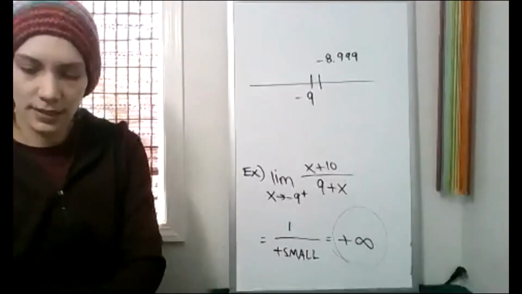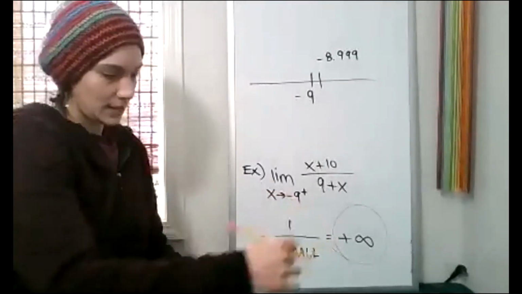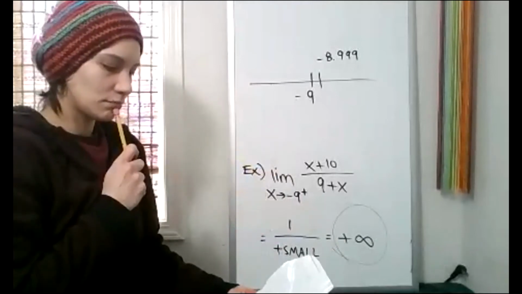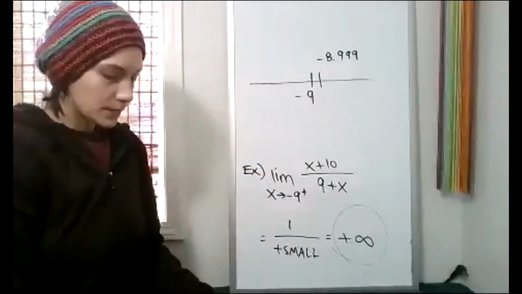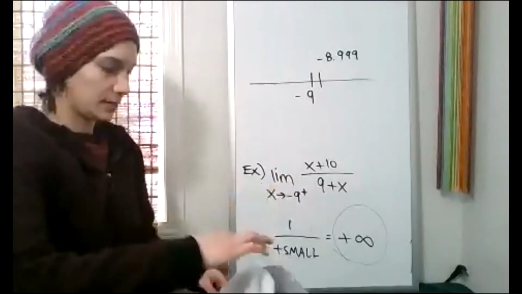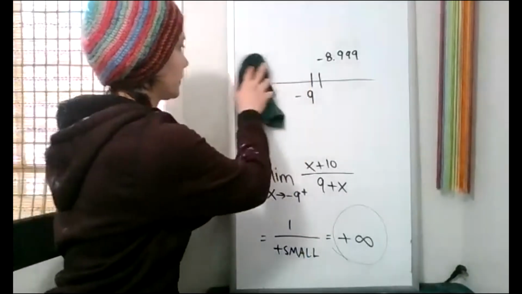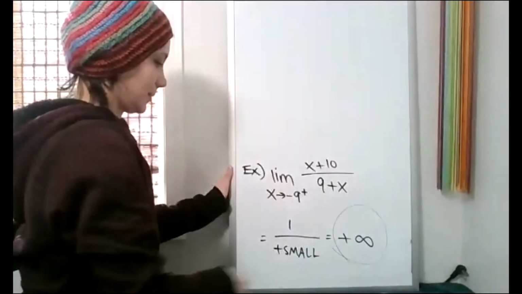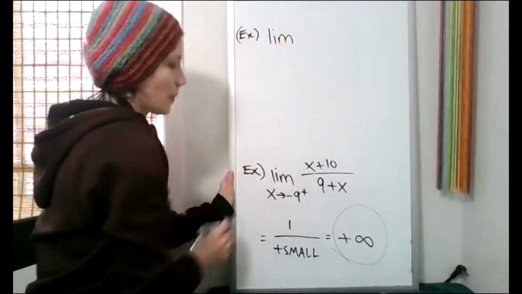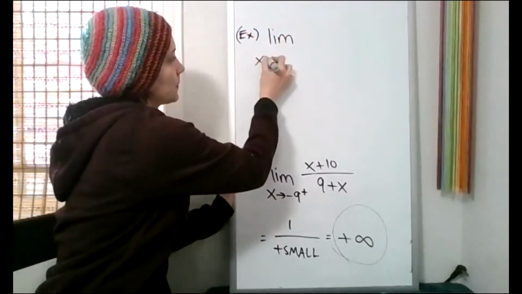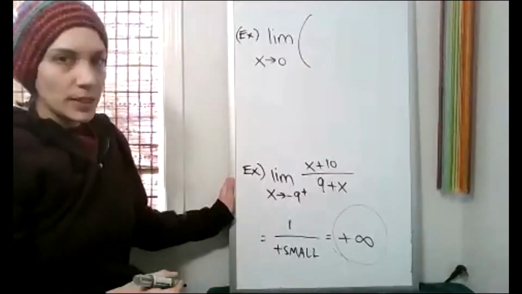We already went over that. Let's try the limit as x goes to 0 of, in the numerator, 3 plus x.